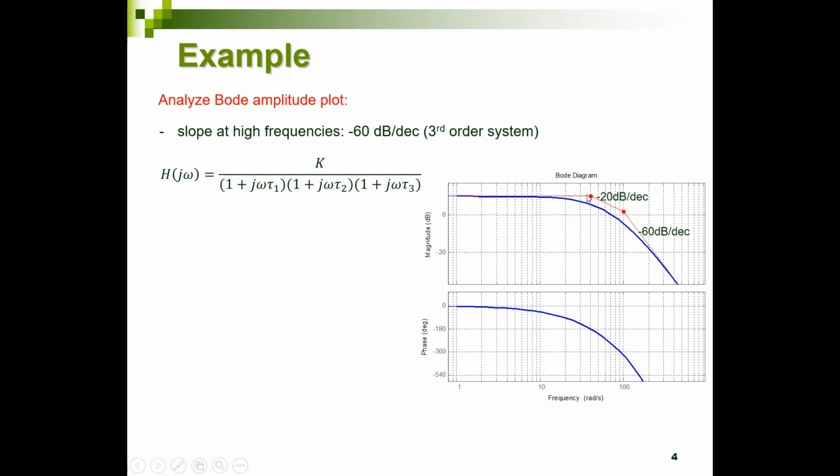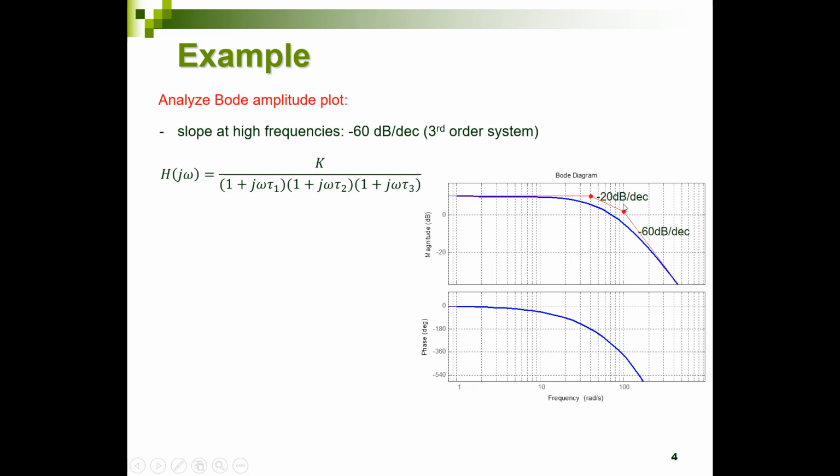Well, what we also see, when we have drawn these asymptotes, is that we have a cutoff frequency here and we have a cutoff frequency here. And especially this is interesting because here my Bode plot drops from minus 20 dB to minus 60 dB.